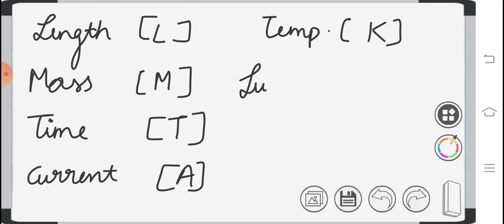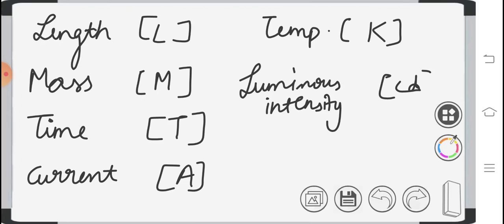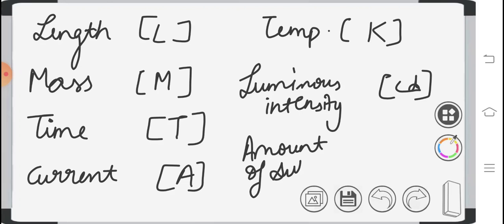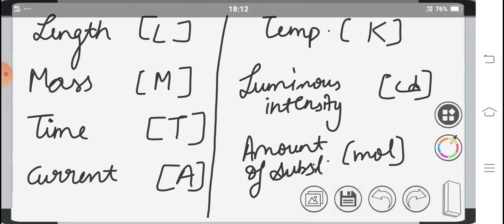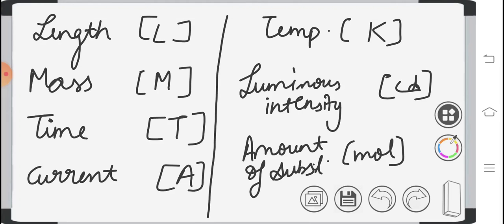Then sixth is luminous intensity, which is CD. And last is amount of substance, as we read in chemistry. Amount of substance is represented by mole. These are the 7 fundamental basic quantities which we have to remember.